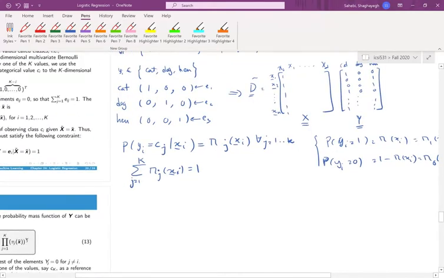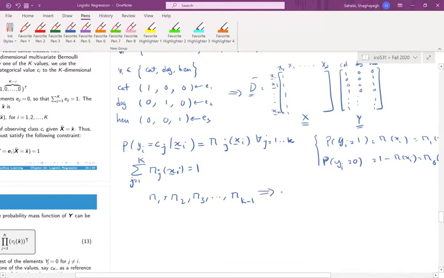Also, because we know that all of these are going to sum up to 1, in practice we really do not need to define pi of j for all the j's from 1 to k. Why? Because if I know pi sub 1, pi sub 2, pi sub 3, etc., until pi sub k minus 1, I can easily calculate pi sub k from all of these, right?